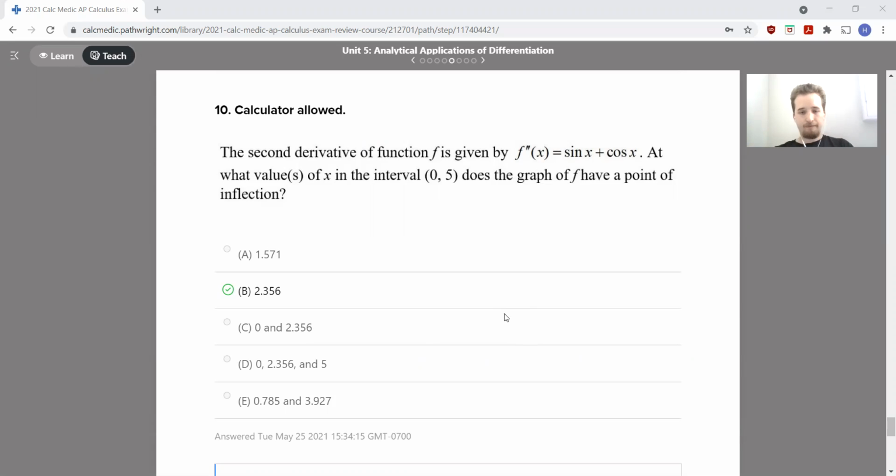Okay, last one. So it's asking, we have f double prime is equal to sine x plus cosine x.